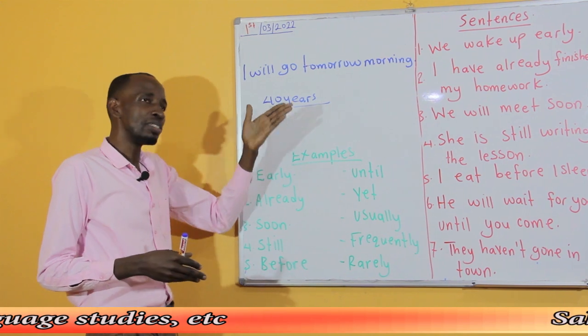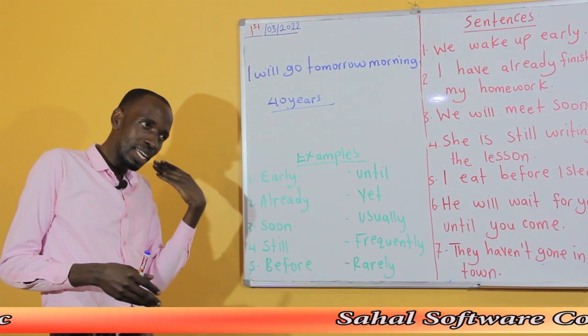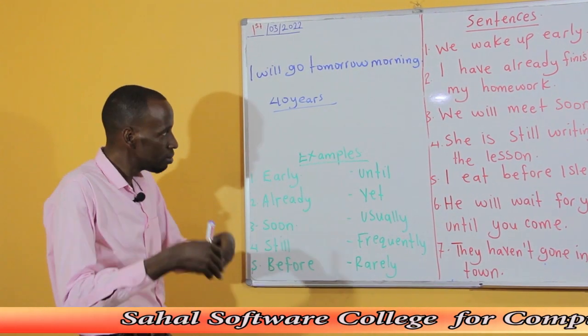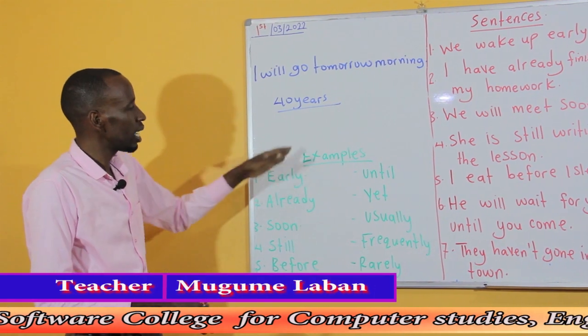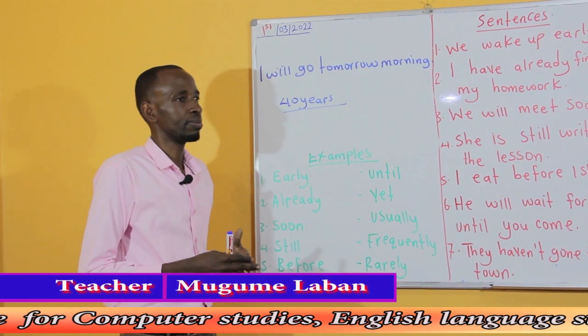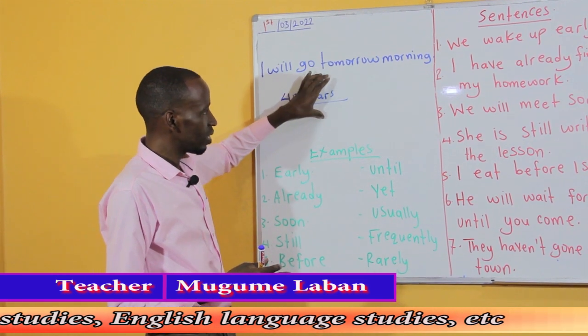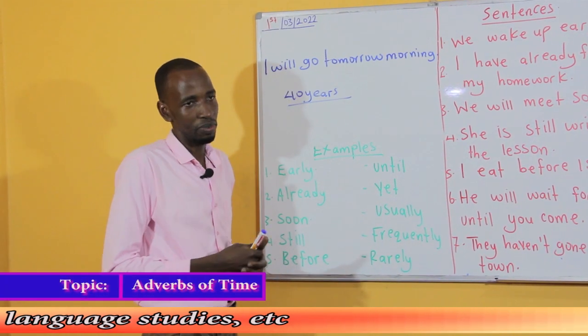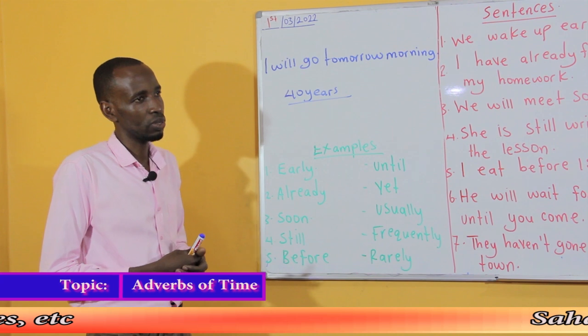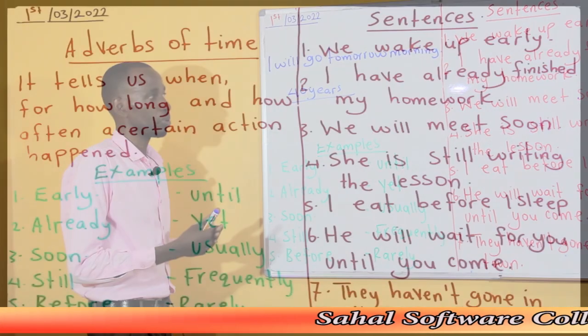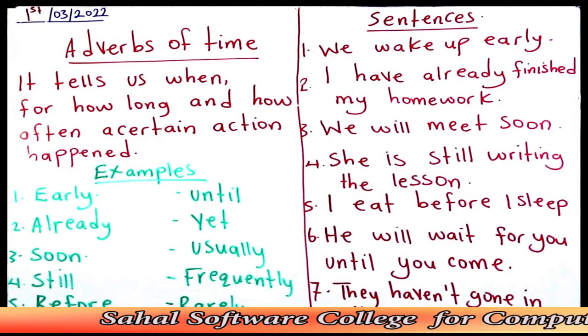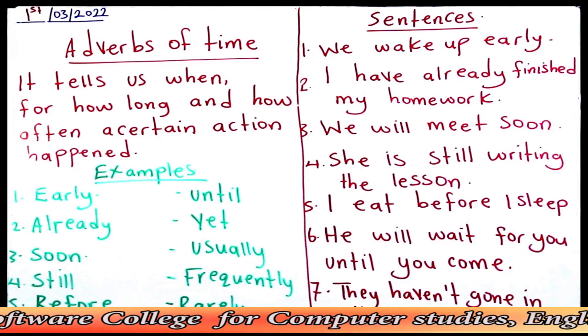So, I'm still single. It means 10 years ago, you were single. Until now, you are still single. It means the situation is still moving. Because single is not an action, that's why I say the situation. Because single is an adjective.